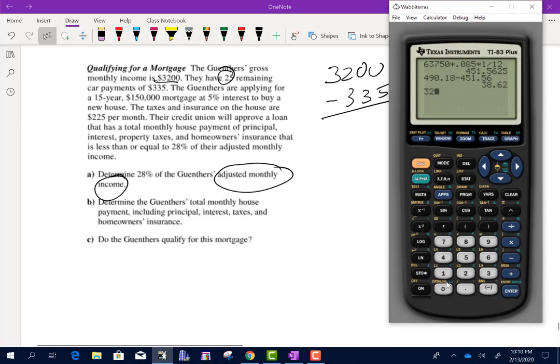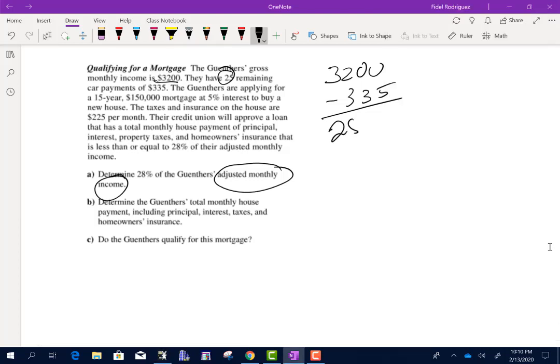If I take 3,200 and subtract off 335, I'm left with 2865. This is what we call the adjusted gross income.